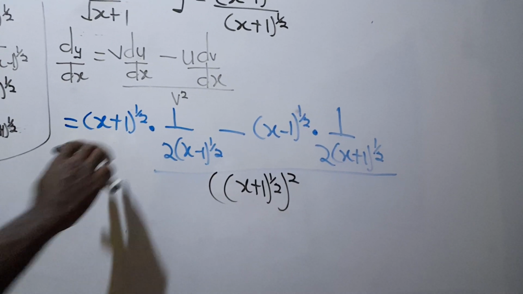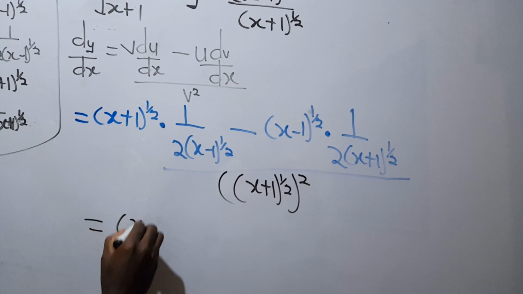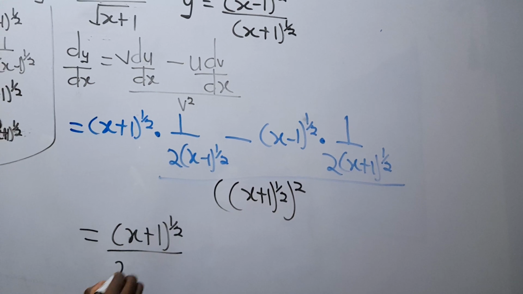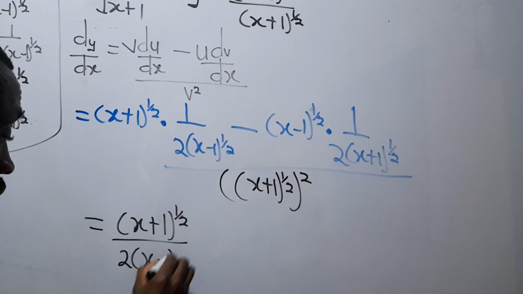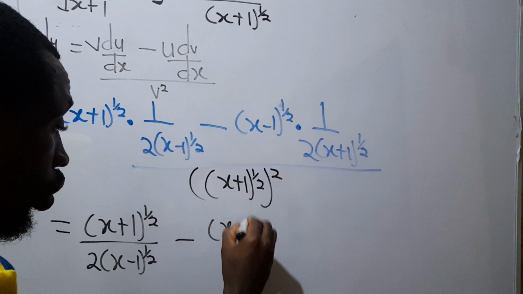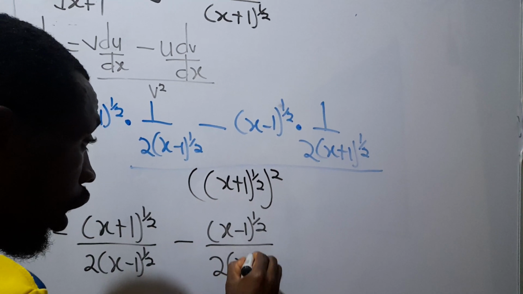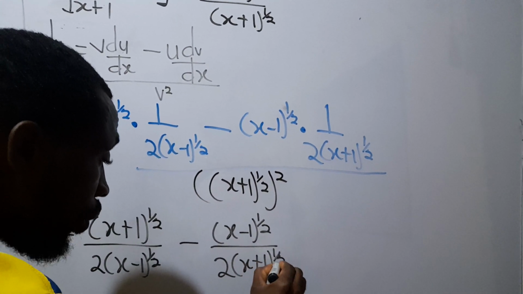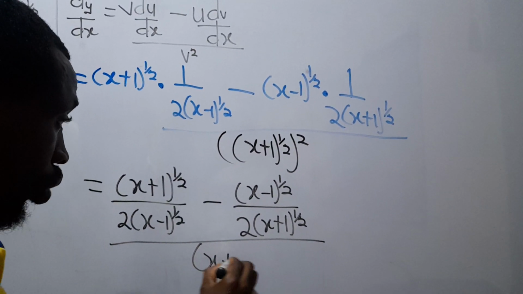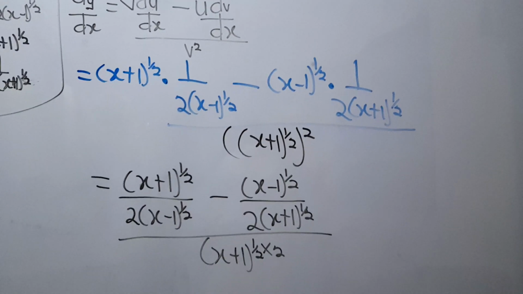So we can rewrite the top and polish it very well to look like (x plus 1) exponent half over 2 (x minus 1) exponent half, minus (x minus 1) exponent half over 2 (x plus 1) exponent half, then over our v squared, which will have (x plus 1) exponent half times 2 using indices.